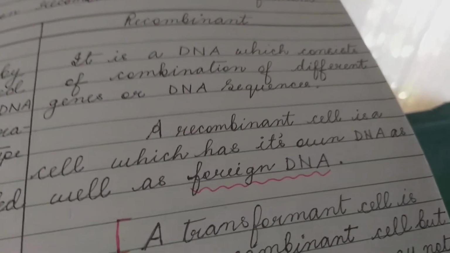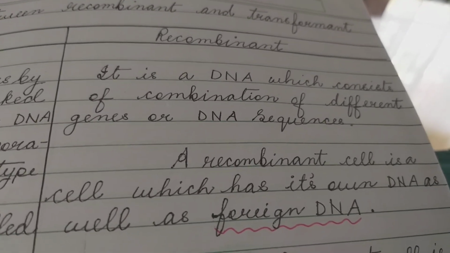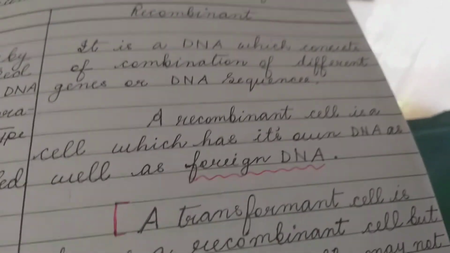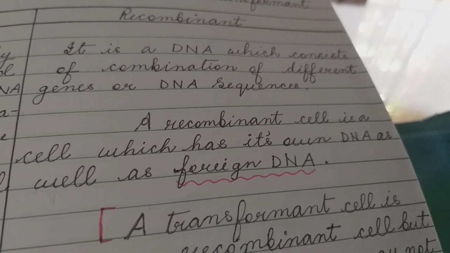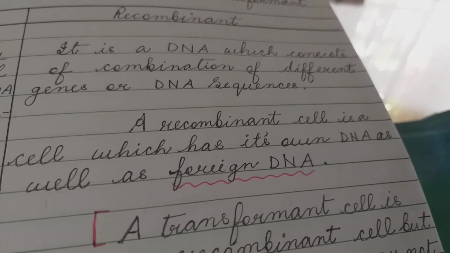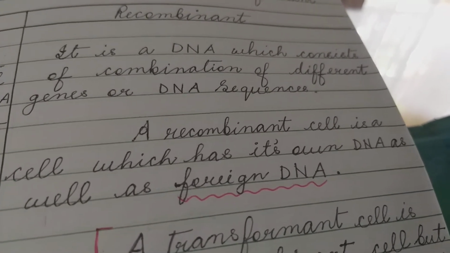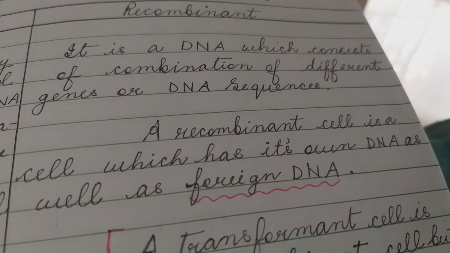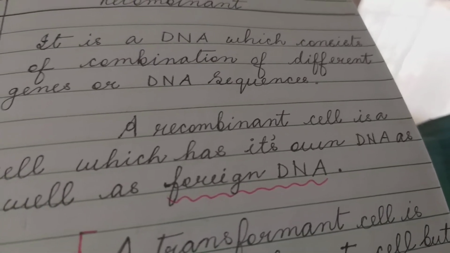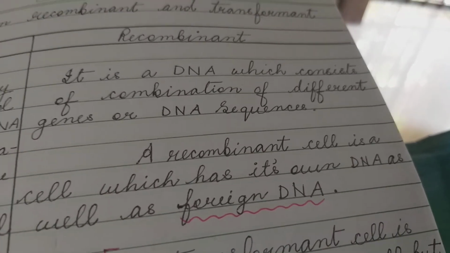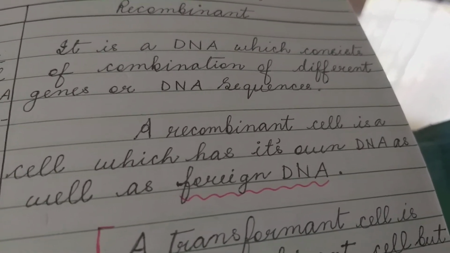And a foreign DNA is a recombinant DNA, always a recombinant DNA. That means the DNA is composed of two DNAs obtained from two different species, two different sources. A recombinant is a cell which has its own DNA as well as a foreign DNA. And the foreign DNA is always a recombinant DNA.